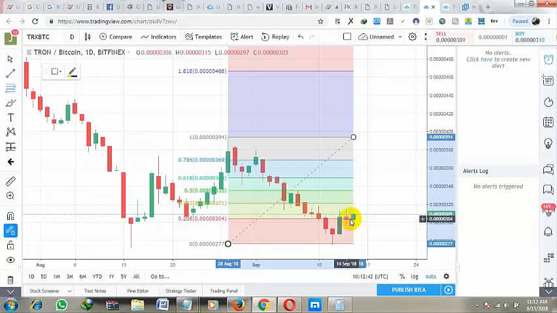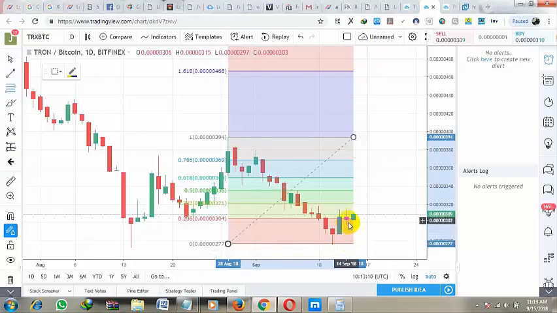And if it breaks it, the next support level should be around 277 Satoshi, which is right here. So if it breaks this and it's going really down, and maybe I see the market around 295, I should be able to close this trade at that small loss and place another buy order at 277 Satoshi. I don't know if you understand it.